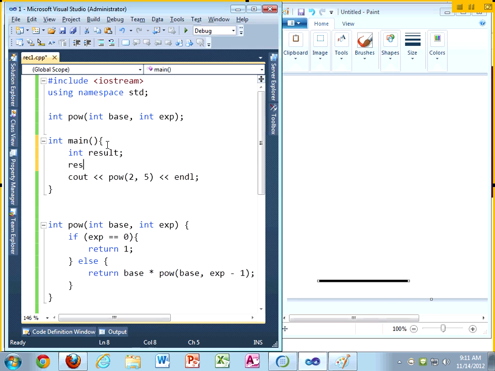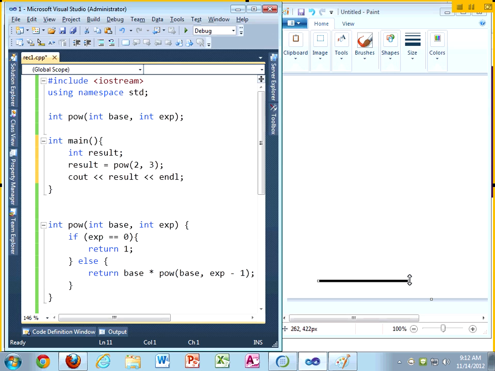I'm going to say int result gets pow(2, 3). How high should I go here? I'll just go to 3. You can imagine in the table I just did, I only went to 3. So you can imagine if I'd gone to 5, we would have been here for a while longer, and I would have been saying the same thing over and over again. So I'll just stick with 3 here. And then I'm going to say cout result.